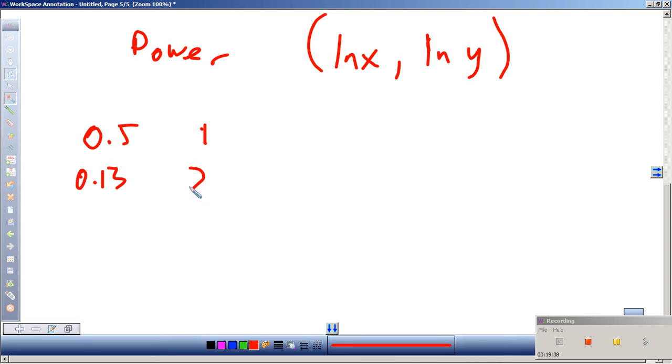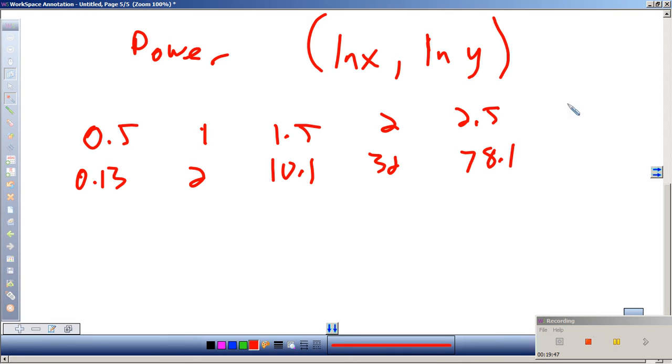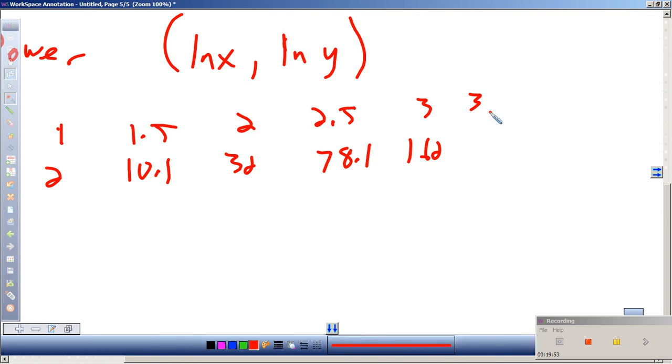Then 1 is 2, 1.5 is 10.1, 2 is 32, 2.5 is 78.1, 3 gives us 162, 3.5 is 300.1, and 4 is 512.